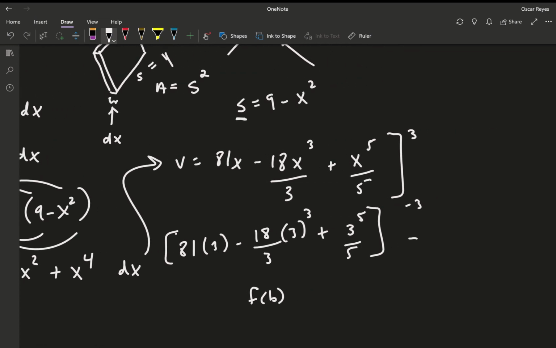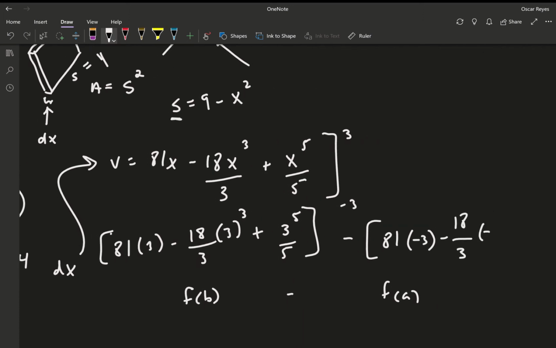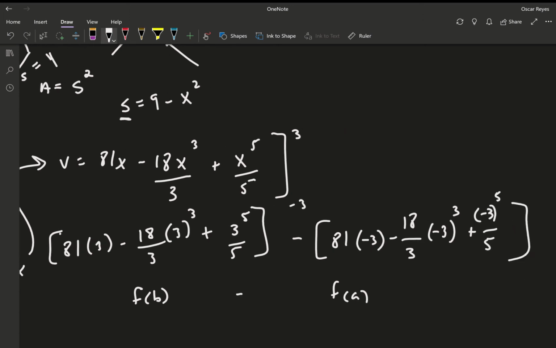Now we have our minus f of a, which is just plugging in -3 into that. So we're going to have 81 times -3 minus 18 over 3 times -3 cubed plus -3 to the fifth power over 5, and that is our f of a.